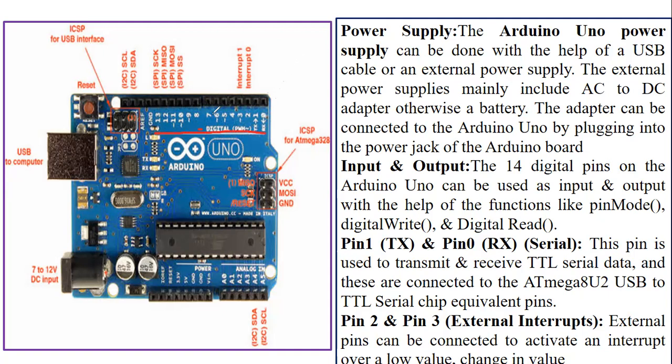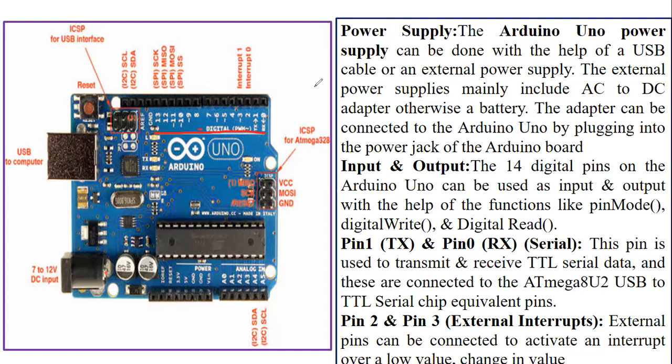Suppose you want to write 1 in pin number 7. So what will you do? You will use this command, digitalWrite pin 7, comma, HIGH.